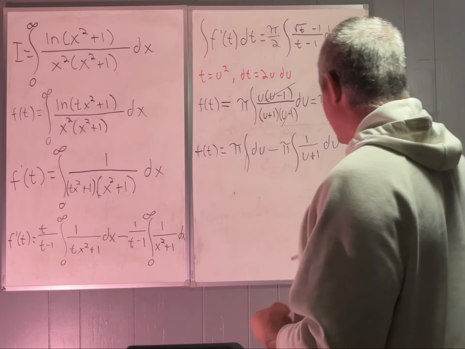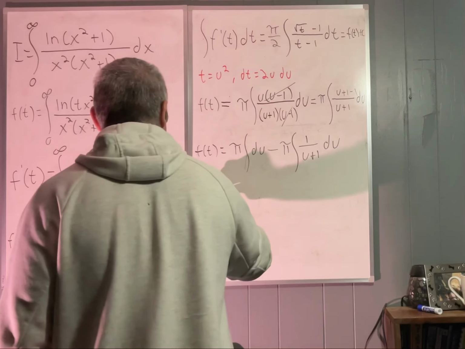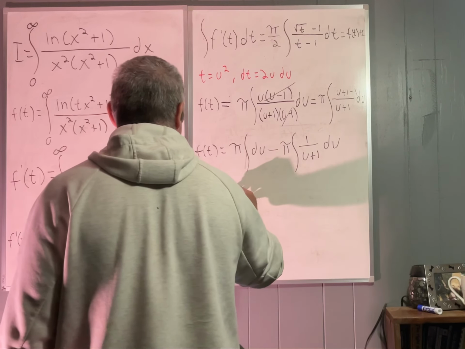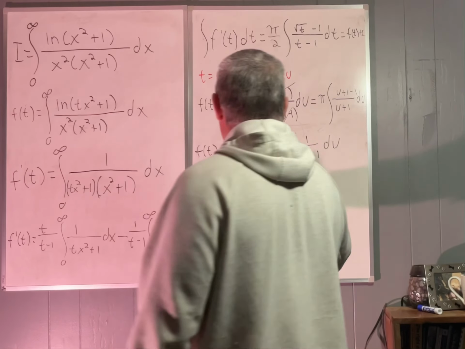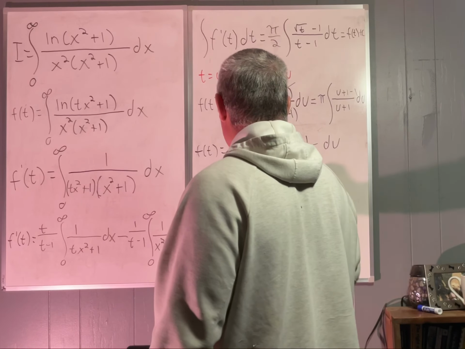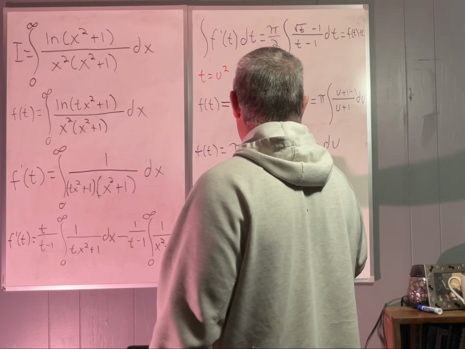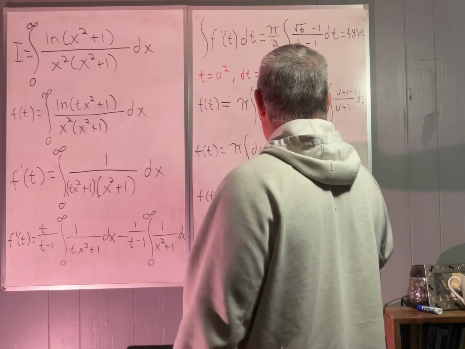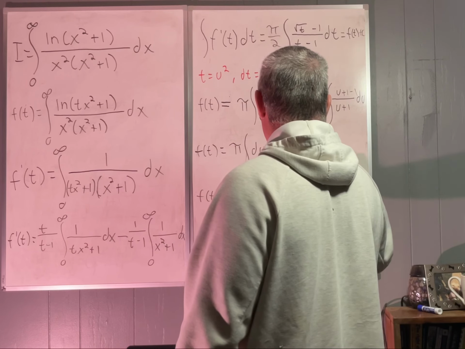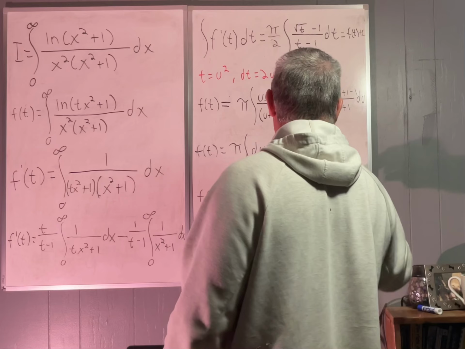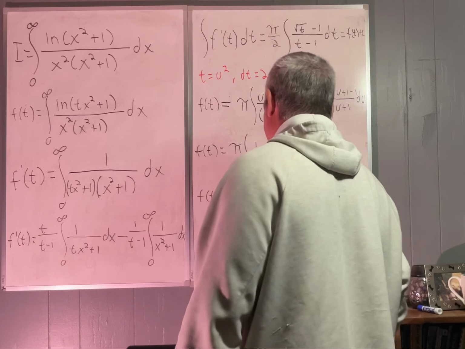So f of t is now equal to pi times u minus pi times the natural log of u plus 1 plus c.